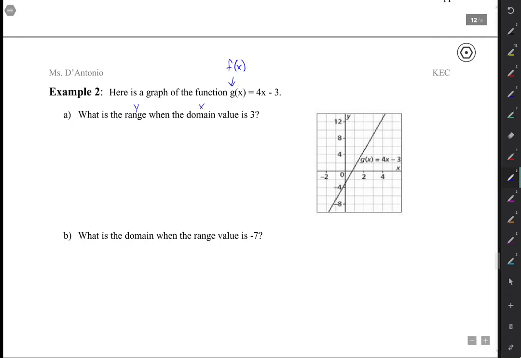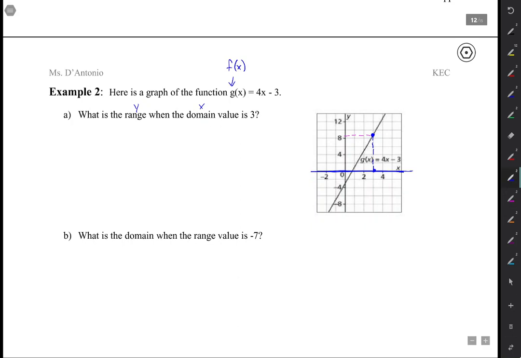So let's look on the x-axis, which is this one, and let's find where the domain is 3, or where x is 3. So that would be here, and if we follow that up to our graph, we hit this point. So then we would say, okay, what's the y value from that point? So we would follow that along the side and we would eventually get to, looks like, I don't know, 9-ish, 8.5.